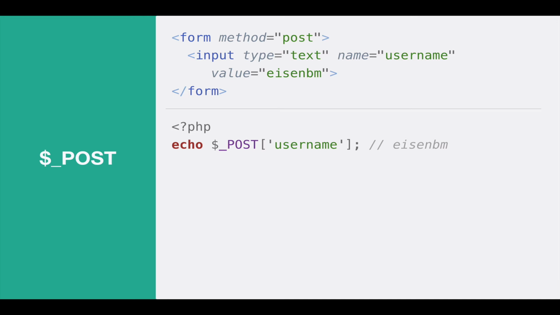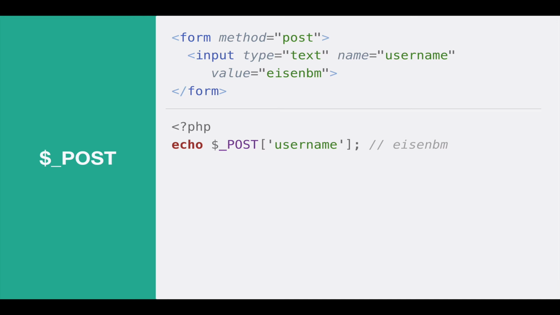Okay, so here's an example of using the post method. You can see the form at the top, that's just an HTML form, but take note that it's using method post. By default, forms submit using get. So you must add method equals post to your form to submit through the post method. Then we have an input here with a name and a value.